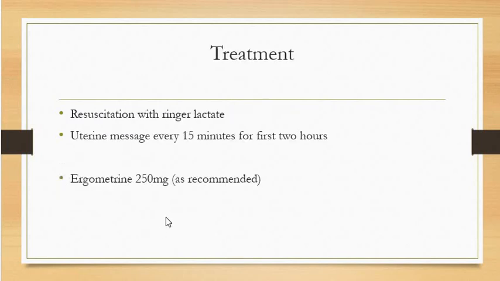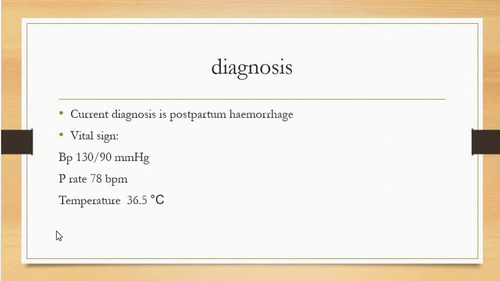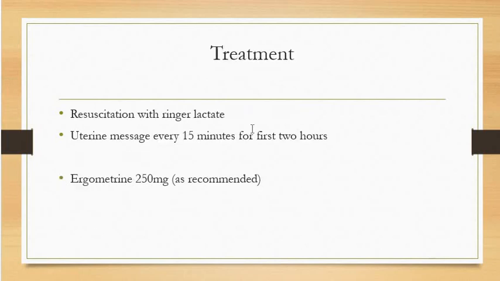So what treatment will we have to give? We will treat her with Ringer's lactate and uterine massage for 15 minutes for 2 hours, and then we will use ergometrin 250 micrograms as recommended. So that was the diagnosis and treatment.